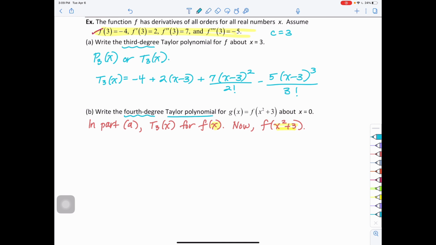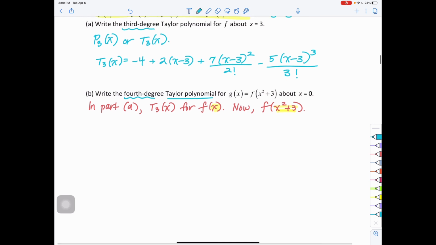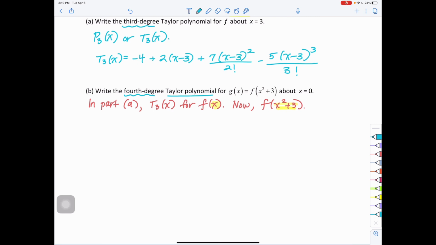Let's see what we have. Our fourth degree Taylor polynomial, you may not see it yet, but our fourth degree Taylor polynomial is actually going to be negative 4 plus 2 times. Now our x is going to be x squared plus 3, and we still need that minus 3 that's there, plus 7 times x squared plus 3. We still have that minus 3 all squared over 2 factorial.